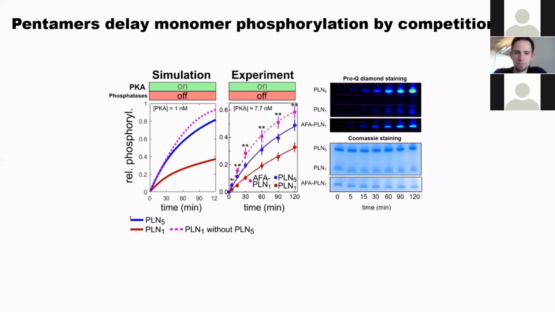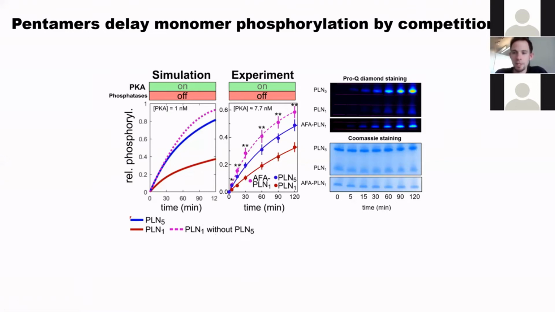I first looked at the phosphorylation of monomers in the presence of pentamers, shown again here in red, and then used another experiment where I had the same concentration of monomers without any pentamers, and then also phosphorylated them using pKa, and I found that the rate is much higher. So the pattern you see in the experiment qualitatively nicely matches the simulation and therefore confirms this model prediction.